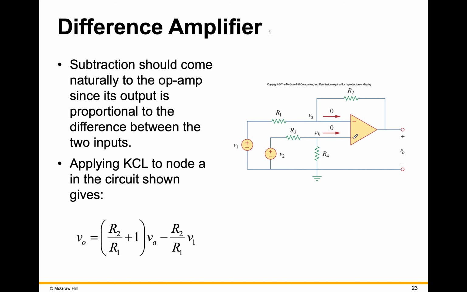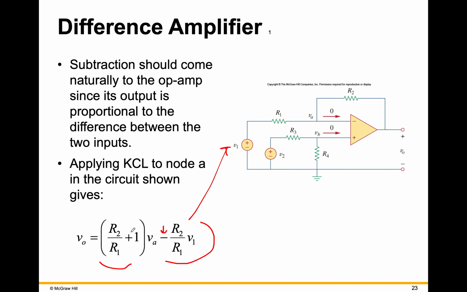So it's like you took those 2 circuits, the inverting amplifier and the non-inverting amplifier, and you combined them using one op-amp. This one is the inverting amplifier part, and it's going to give you the negative sign because it's into the inverting terminal. This one is the non-inverting part, and it's going to have a positive sign.